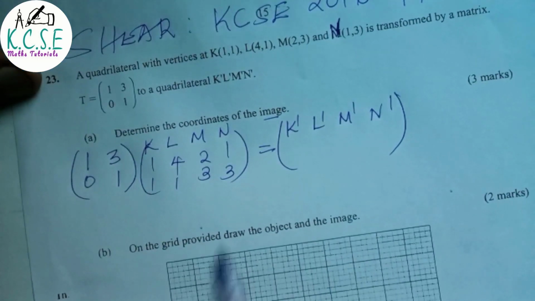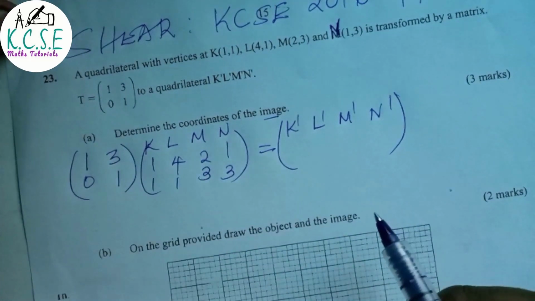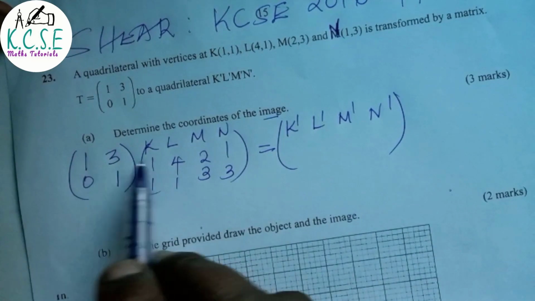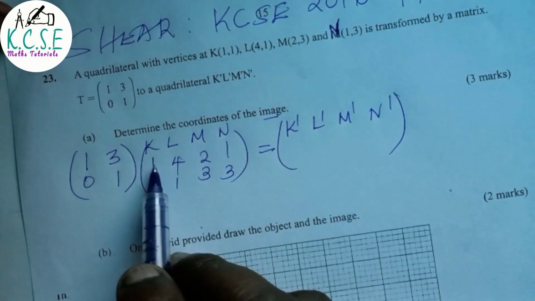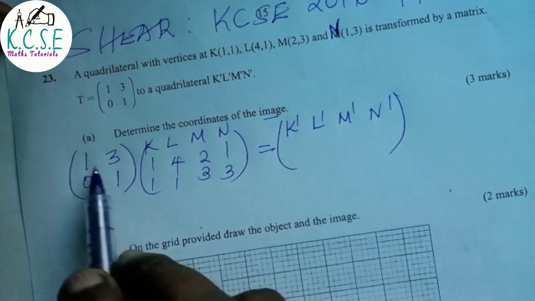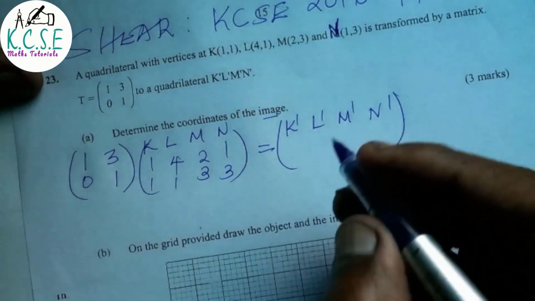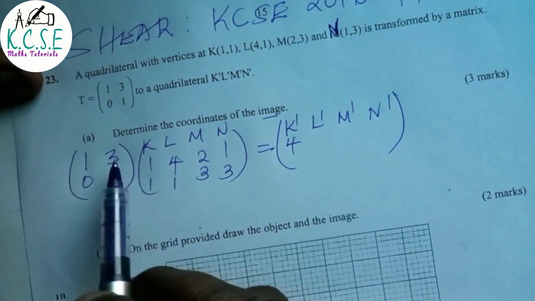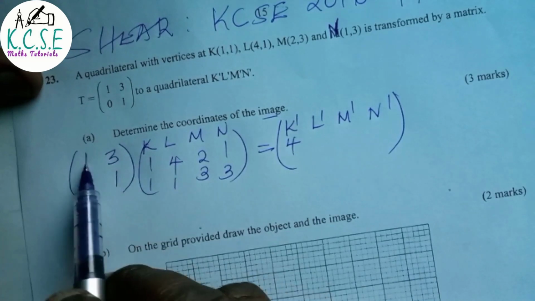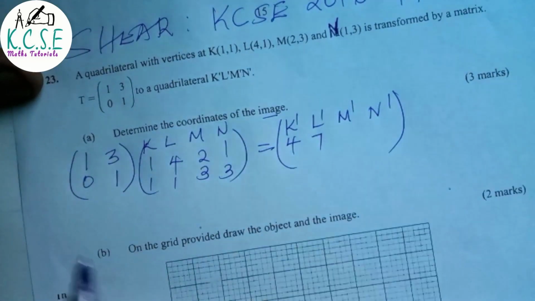I hope and believe that you know how to multiply matrices. This was done in an earlier chapter. So we multiply row 1, column 1: 1 times 1 is 1, plus 3 times 1, that is 1 plus 3, we get 4. The other one is 1 times 4, row 1, column 2: 4 plus 3, which will be 7.